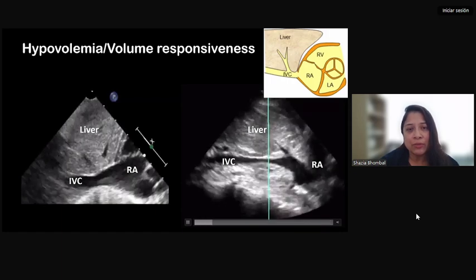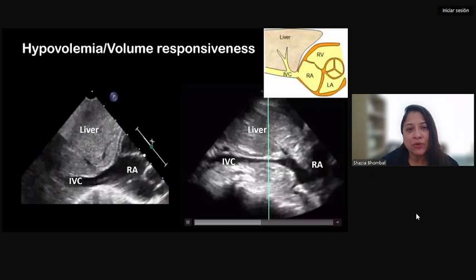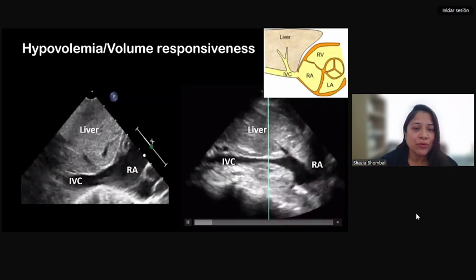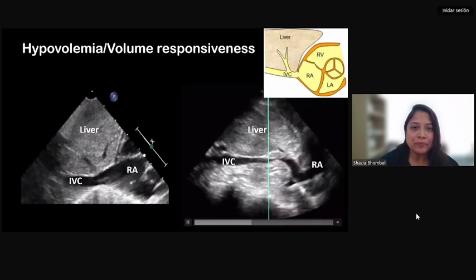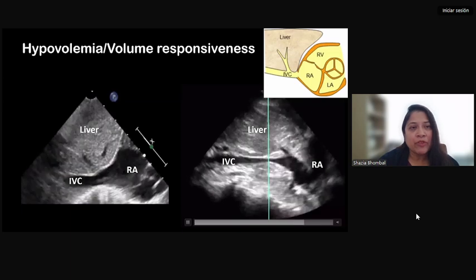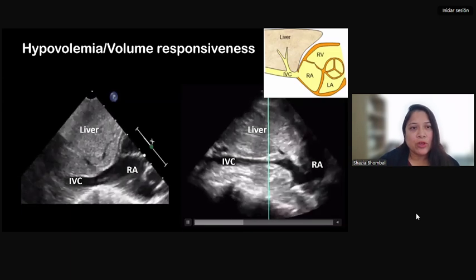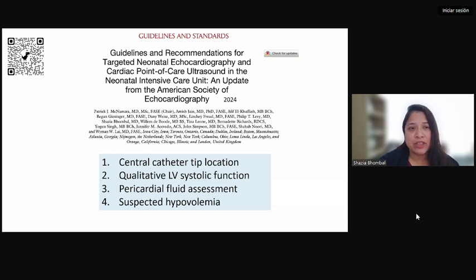And you can look both at the subcostal IVC view and other views as well to see, do you have changes as you give more volume? Again, hypovolemia can be a bit more challenging to assess in this patient population. So those are some of the indications for cardiac point-of-care ultrasound in the neonates.